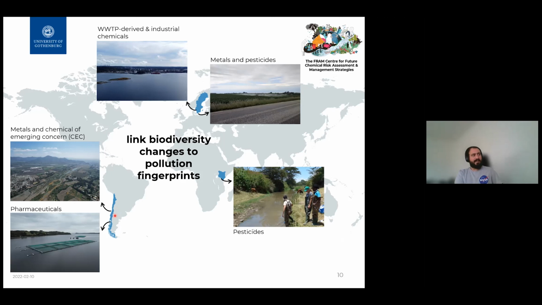Our last study in Chile is in the northern part of Patagonia, where we focus on environmental DNA but also environmental RNA connected to chemicals derived from agricultural activities. So we have several case studies in FRAM, all linked through the use of environmental DNA as an approach to understand biodiversity changes in the environment.